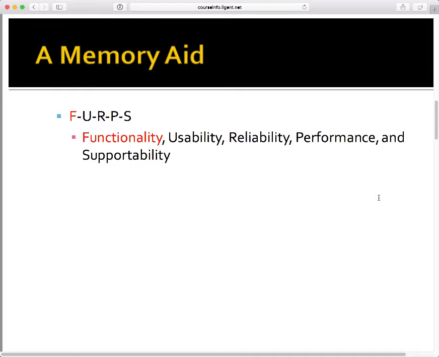So we either have functionality, which is, of course, the functional requirements, or URPS. We have the F, or the URPS, and the URPS stand for usability, reliability, performance, and supportability. And then I would say other considerations would go into non-functional requirements; you could probably find a way to shoehorn them into the URPS categories.